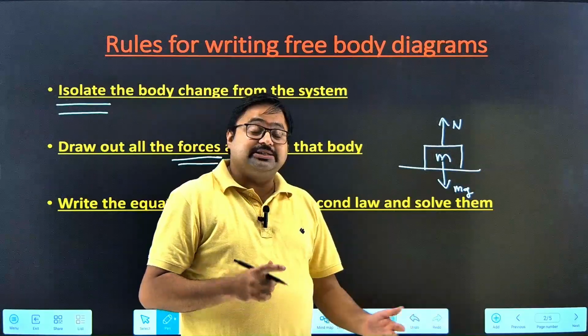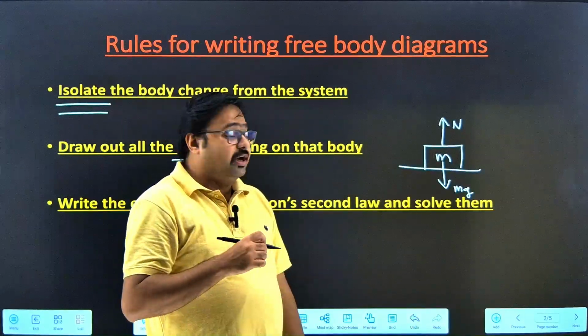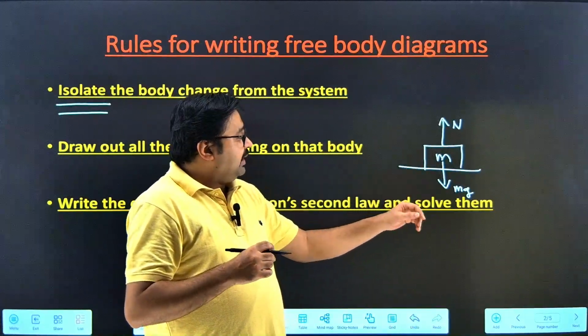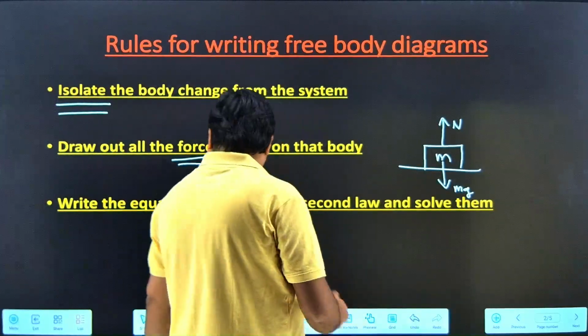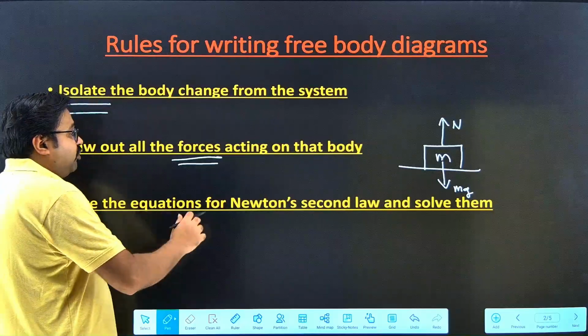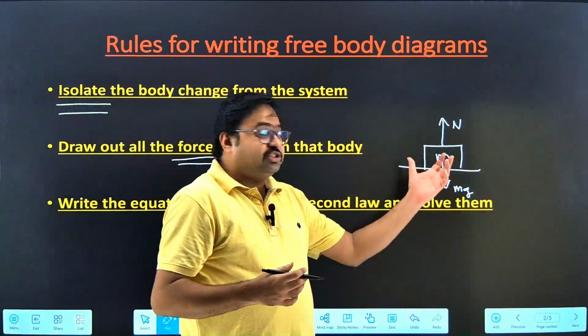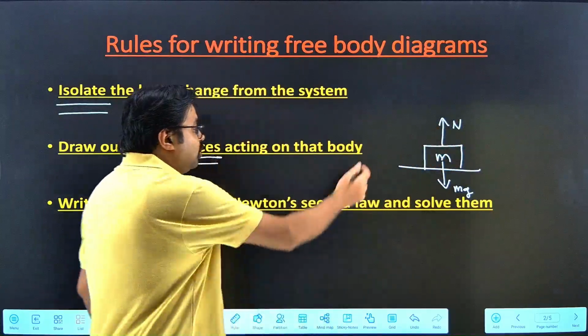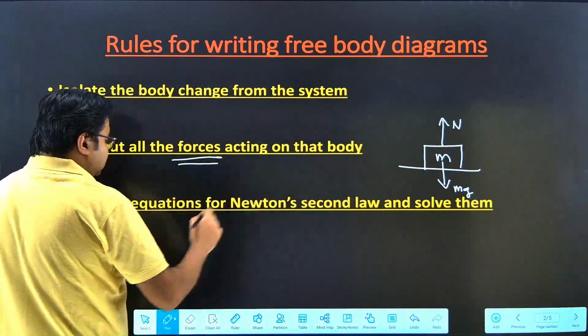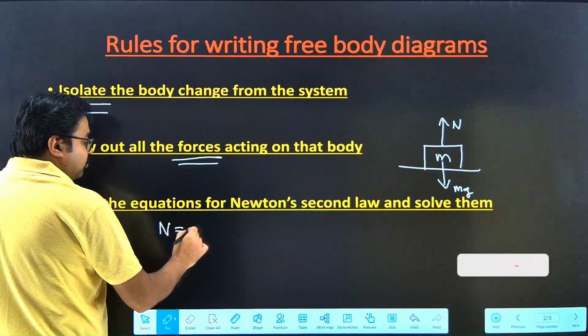So this is the reason why you would say that the mass is right now at rest. In other words, it's in equilibrium. Going further, for every single situation like this, it's possible to write an equation. For example, here you would write that the normal reaction is equal to the weight of the body, m into g.